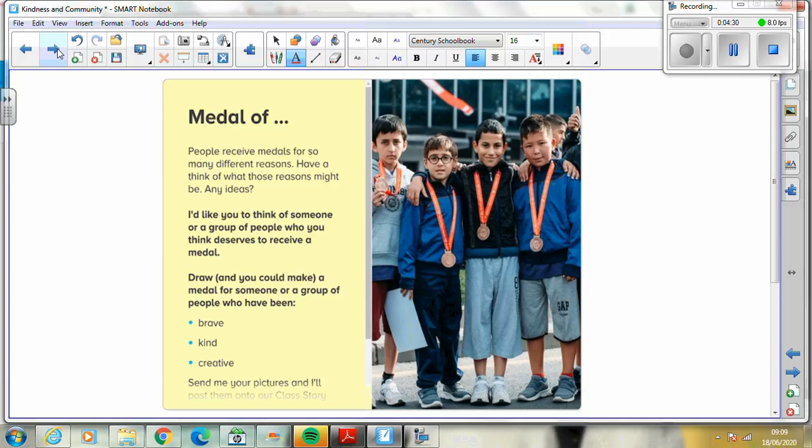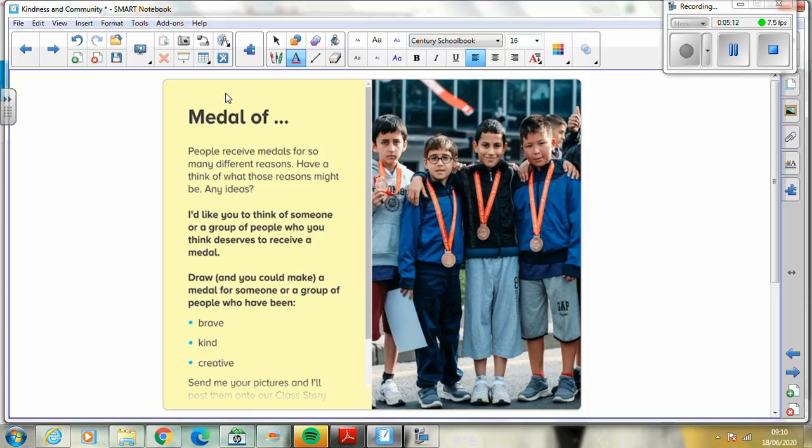So I'd like you to think about somebody who has been really brave, or somebody you know who has been particularly kind, or someone who's been really creative. And then you can draw a medal for that person, and the design and the shape of the medal is completely up to you. You could even include in your picture a picture of the person you think deserves that medal, and then write some sentences about what it is they've done to receive it.